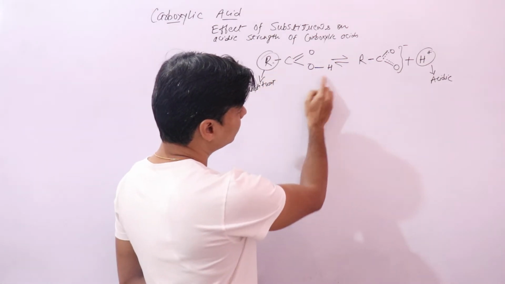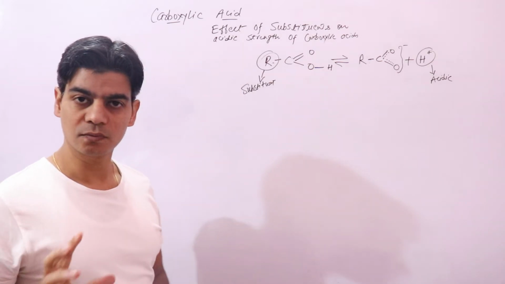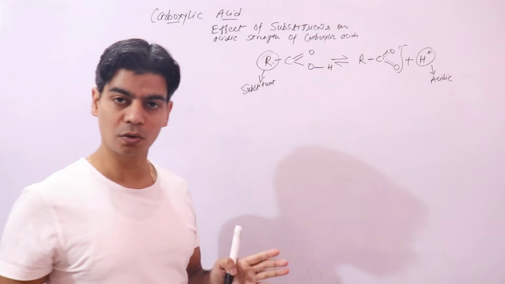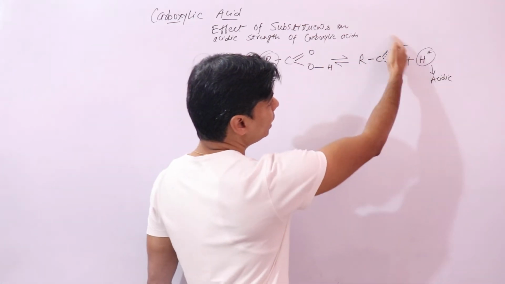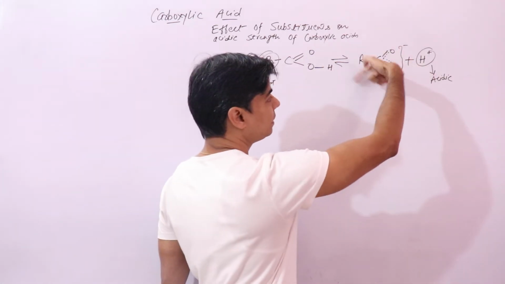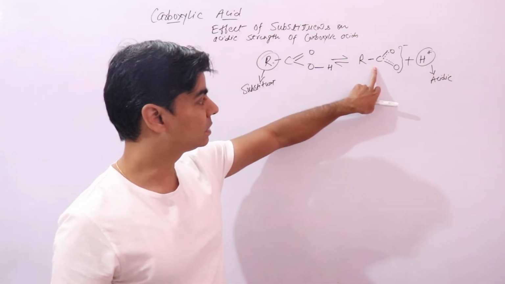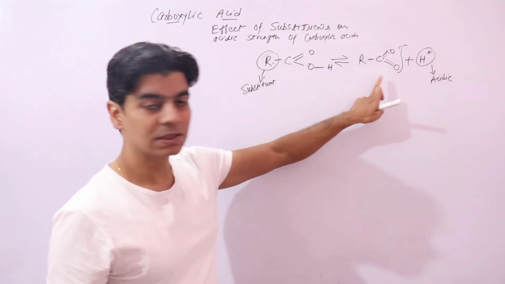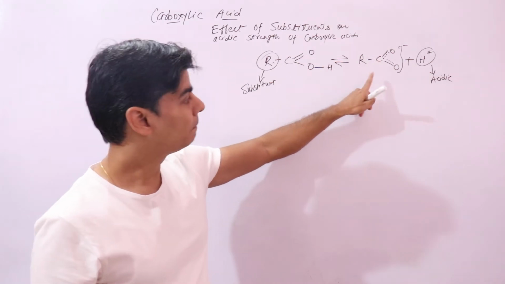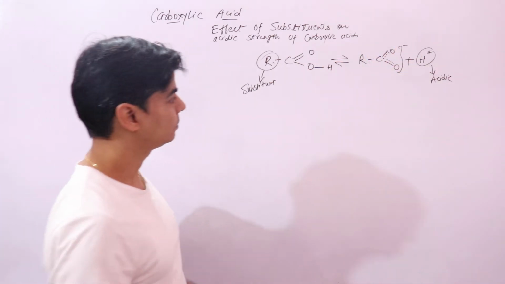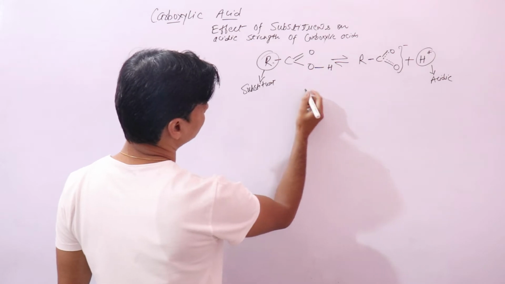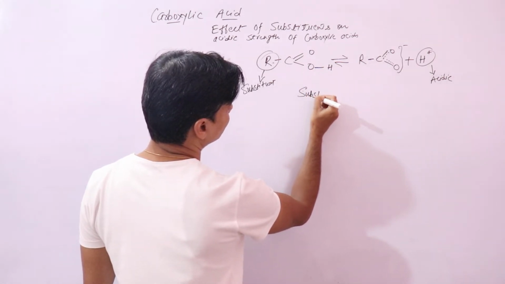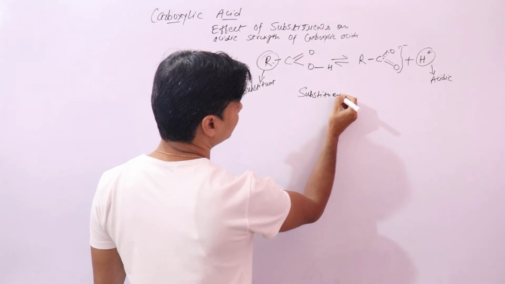Now this substituent can do two things. It will make the release of hydrogen ions easier or difficult by making this OH bond weaker or stronger. The other thing is it will stabilize this carboxylate ion by dispersing its negative charge, or destabilize it by intensifying its negative charge. So the substituent will do two things.